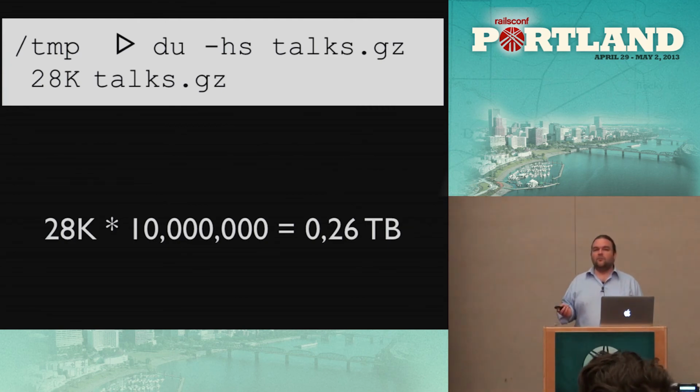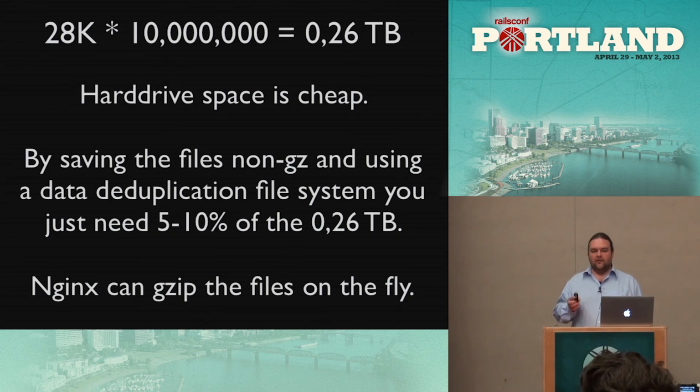So let's assume we want to cache that as a customized web page for 10 million users. That would be 0.26 terabyte, which is not unfeasible. And it's getting even more feasible by not zipping it, but using a data deduplication file system. Then you get down to 5% of the total space you need.